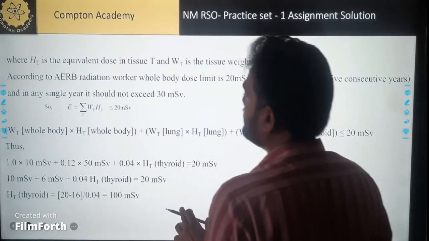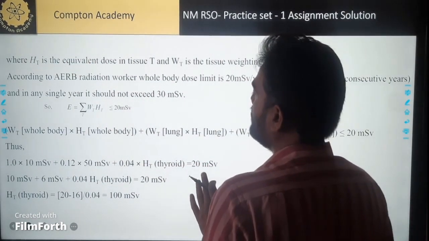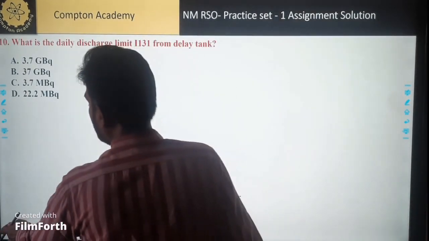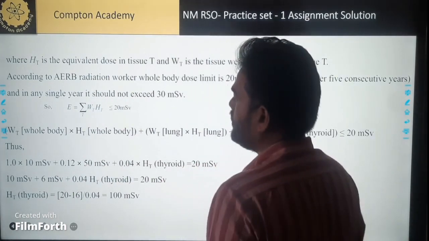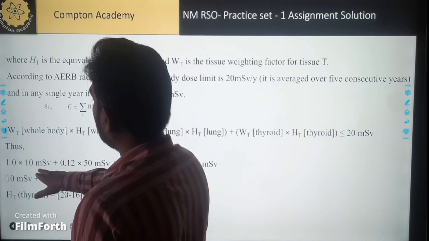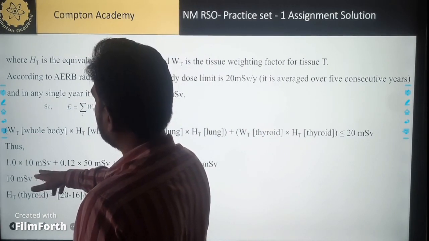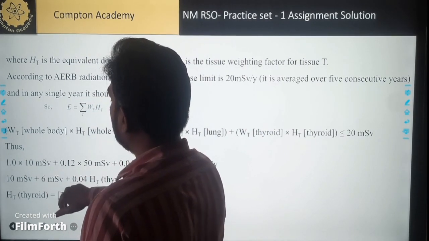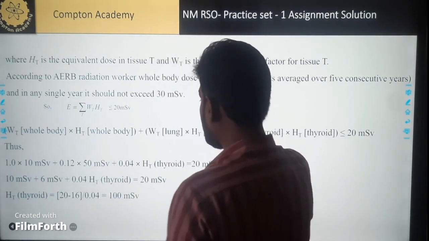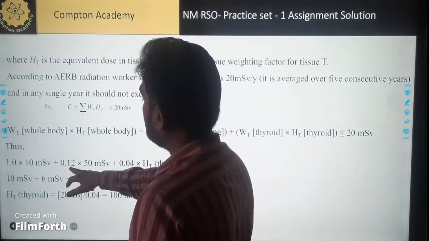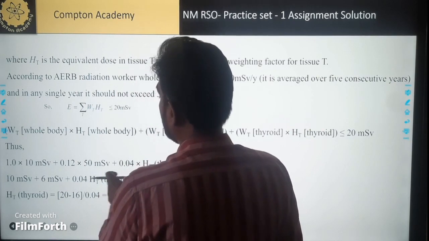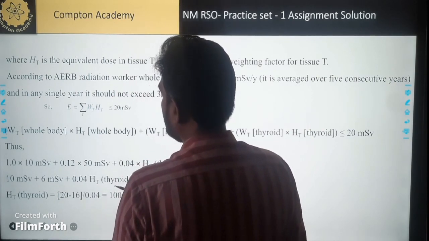Now in this equation, the maximum allowable dose limit in a year is kept as 20 millisievert. So for the whole body the tissue weighting factor is 1, then the effective dose will be 10 millisievert, and for the lung the tissue weighting factor is 0.12 and the equivalent dose is 50 millisievert, then multiplying it becomes 6 millisievert.